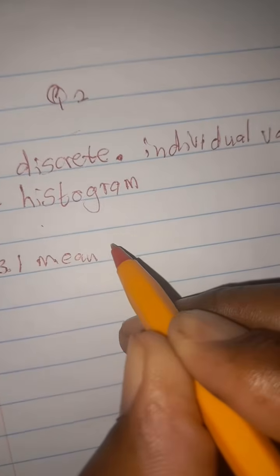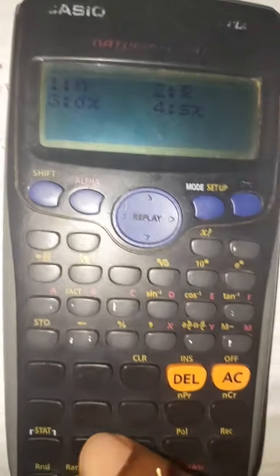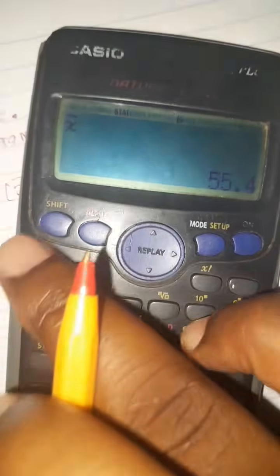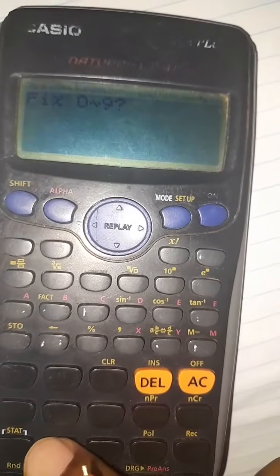So when you write, remember we're at 2.3.1. The mean, which is represented by X bar, will be 55.4. But they said 3 decimal places. Just press Shift, mode setup, then press 6, which is fix.